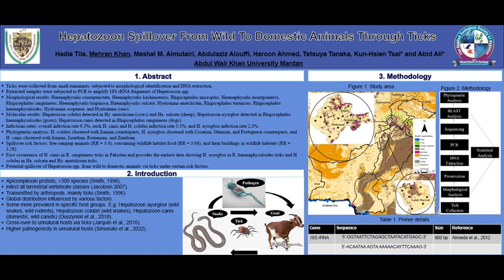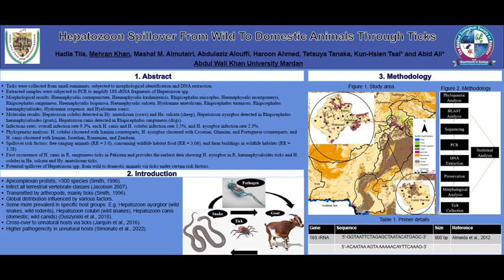In molecular results, we identified 3 Hepatozoon species in our ticks which were collected on domestic animals. An overall infection rate of 9.3% was recorded. In phylogenetic analysis, our 3 Hepatozoon species were clustered with their counterparts from different countries.